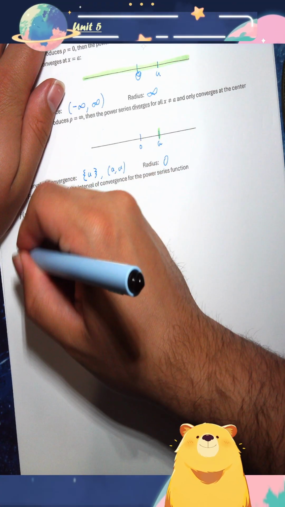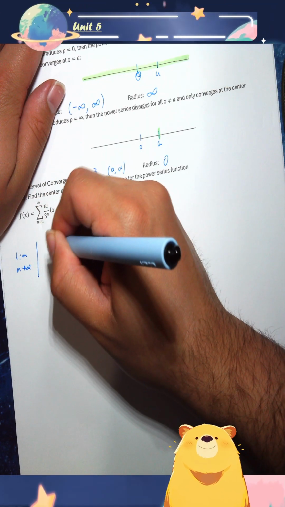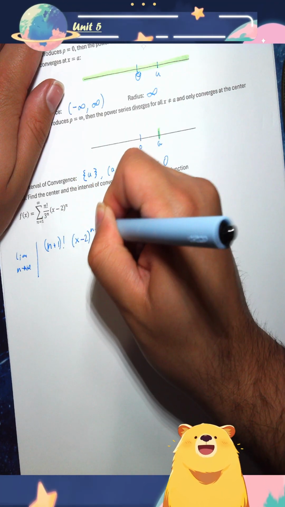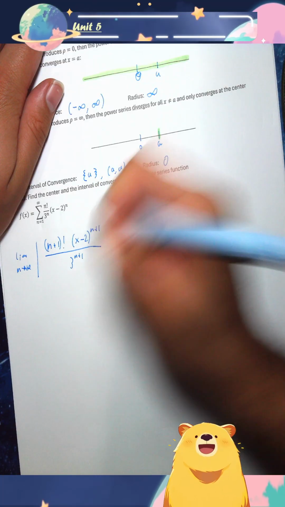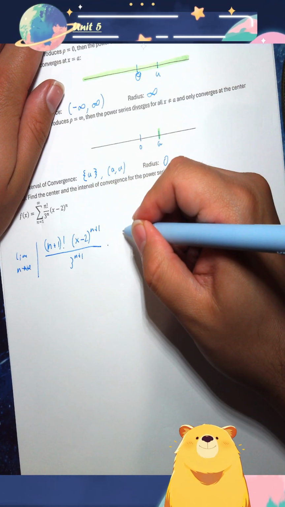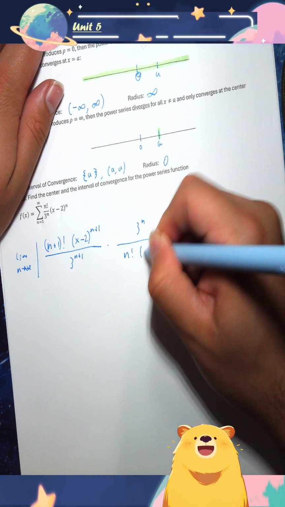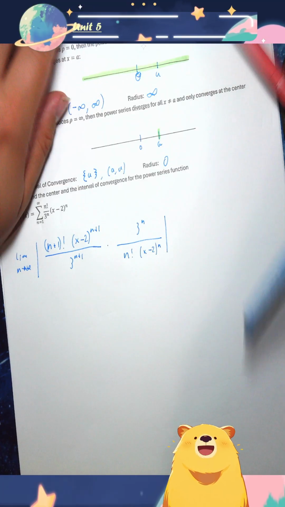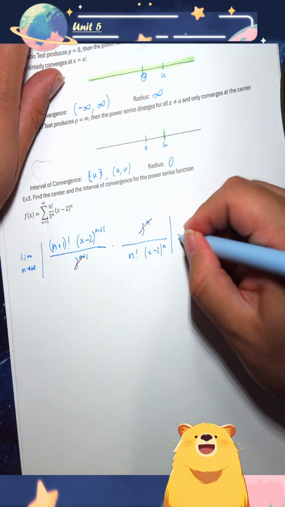We have the limit as n goes to infinity of (n+1) factorial times (x minus 2)^(n+1) divided by 3^(n+1), times 3^n over n factorial times (x minus 2)^n. That cancels out and escapes the whole thing: 1 over 3.